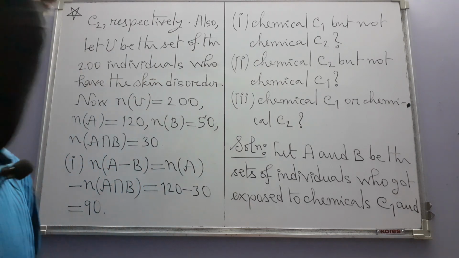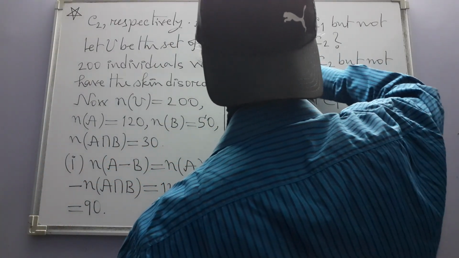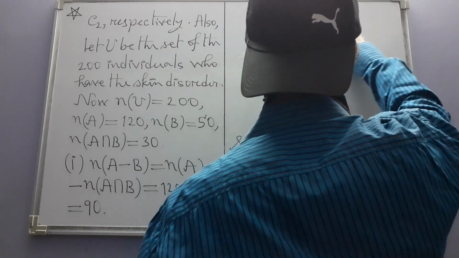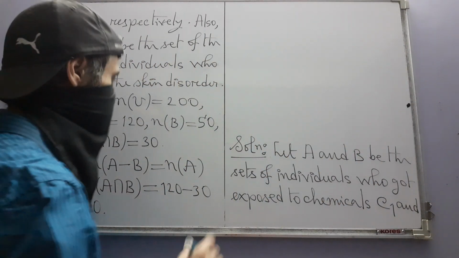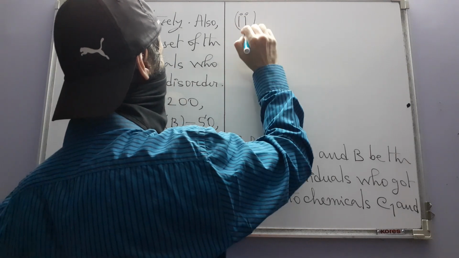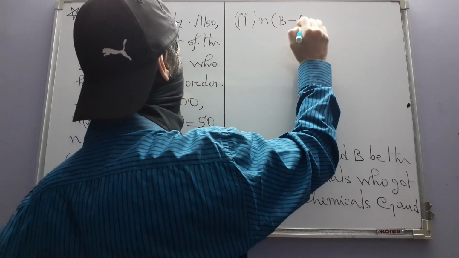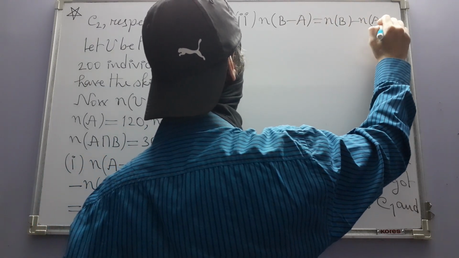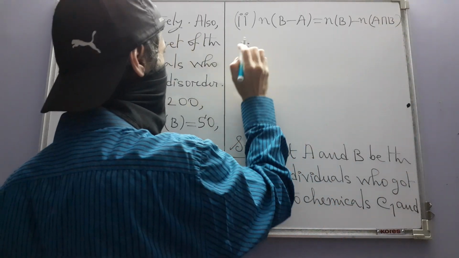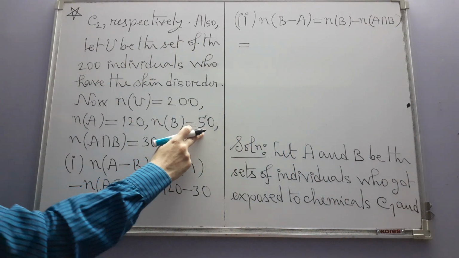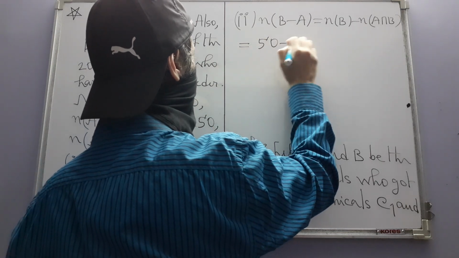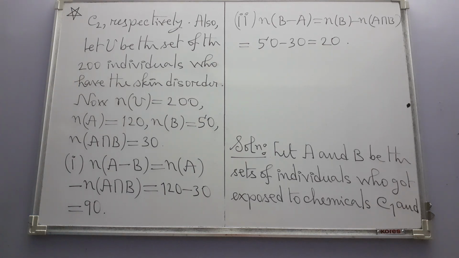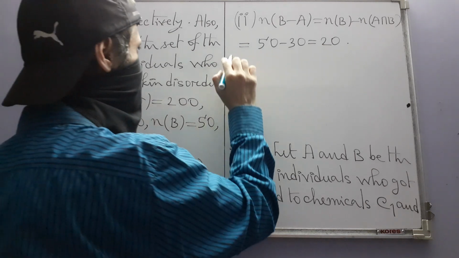Similarly, how many got exposed to chemical C2 but not C1? That will be NB difference A, which is similarly NB minus NA intersection B. So NB is 50, 50 minus 30 is 20. 20 of them got exposed to only C2 but not C1.